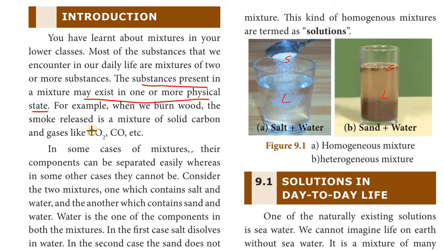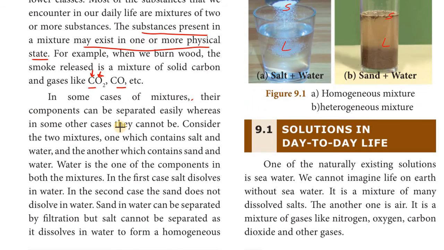When we burn wood, the smoke released is a mixture of carbon dioxide and carbon monoxide, but in elemental form these are just two compounds of carbon and oxygen. Now, in some cases of mixtures, the components can be separated easily, either by physical or chemical methods, whereas in some other cases they cannot be.